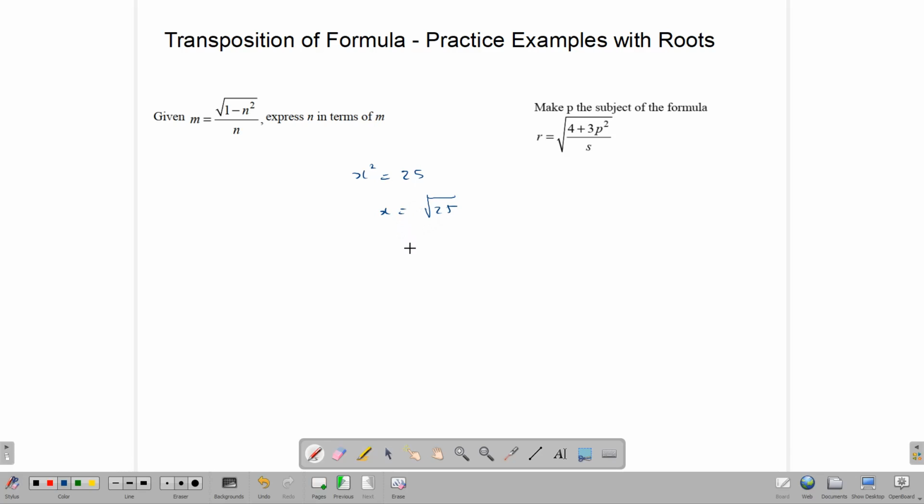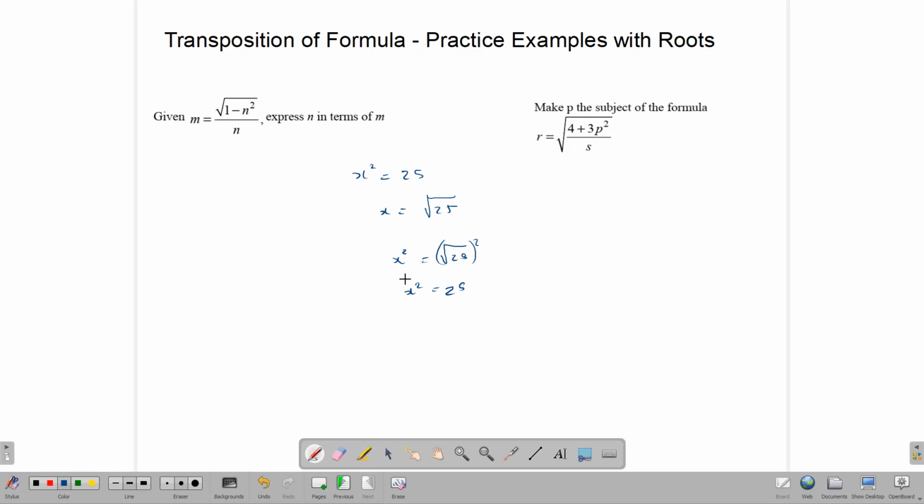And if we want to put this back into this form, then we would have to square these. So we'd square x, and we'd square the square root of 25. And squaring the root of 25 gives us 25. Roots and squares work in opposition to each other.